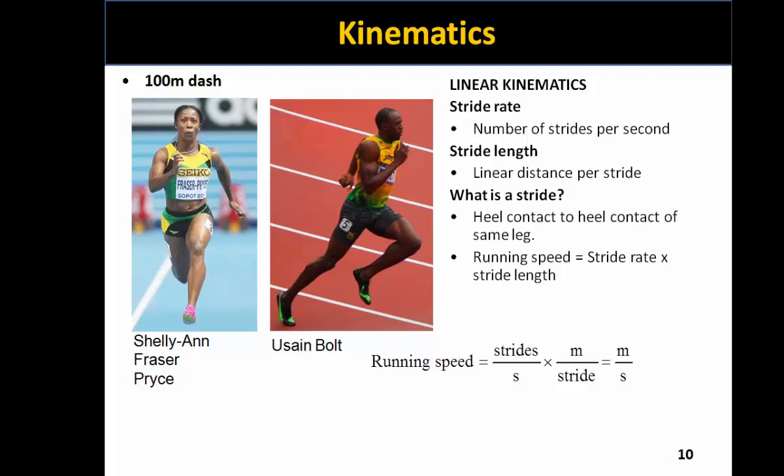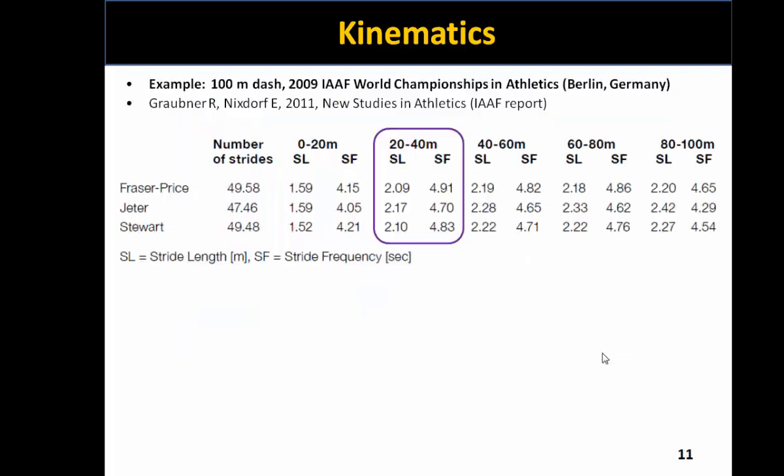The equation at the bottom illustrates this definition of running speed, in which the strides per second is multiplied by the meters per stride, which is the stride rate times the stride length. The stride unit cancels out, and so we're left with meters per second.